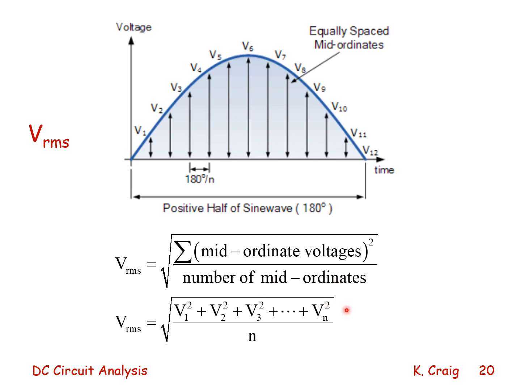So we see here in symbol form, it's the values of the mid-ordinates squared, then summed, and then divided by the number of mid-ordinate values, and then the square root of that number. And that gives us the root mean squared value of the voltage.